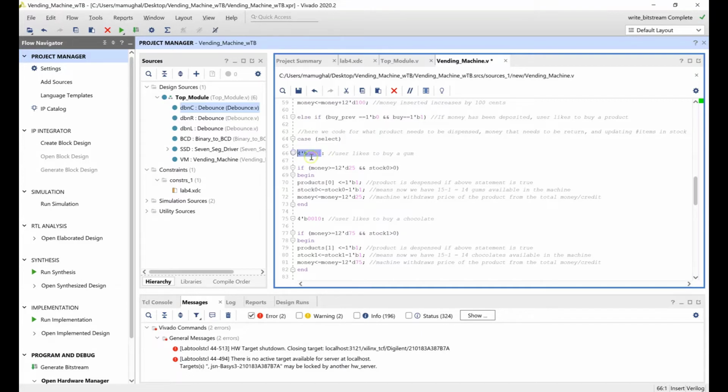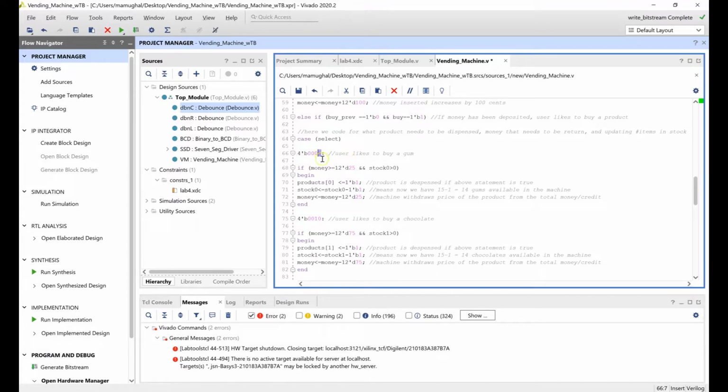So if the logic using the switches is set to 0001, which means the user wants to buy gum. Remember, this is gum, this is chocolate, this is chips, and this is a drink. You cannot have more than one input high at the same time, otherwise it's not going to work the way I have set it up.